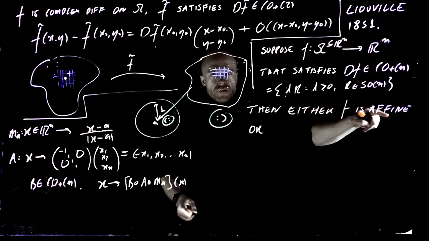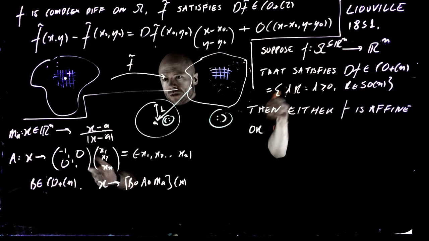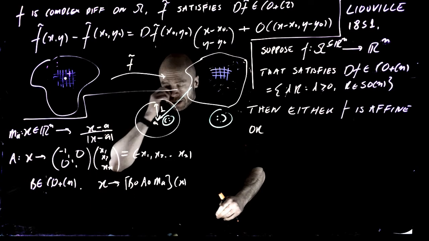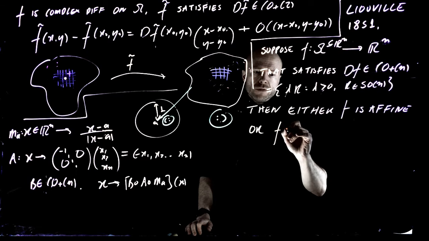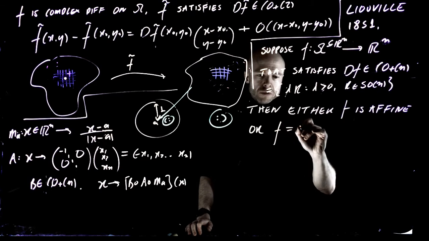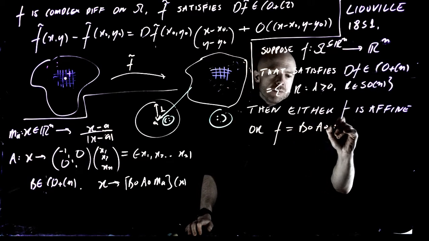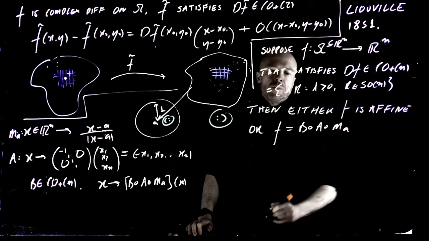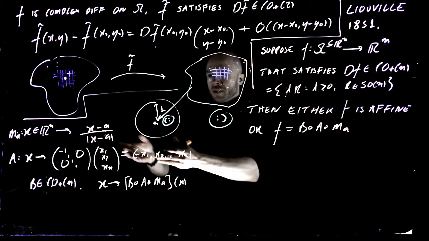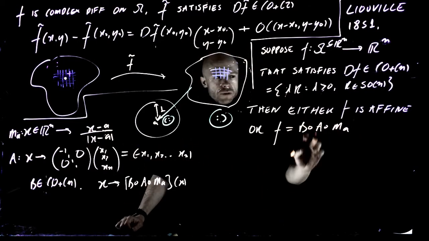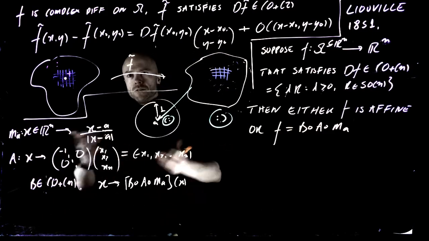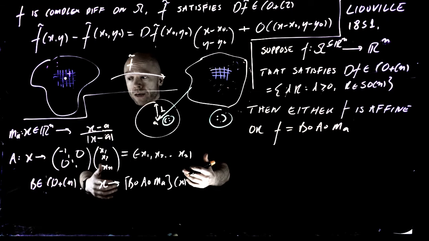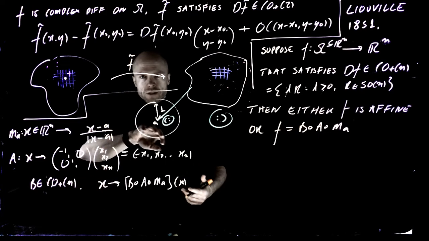So we either have the affine one, which I claim is trivial, or we have this guy, and that's the only thing it can be. So all f is equal to B composed with A composed with M_a in this sense. And this A and this B are kind of non-important stuff; these are just linear mappings. The real heart of this is the inversion through the sphere.